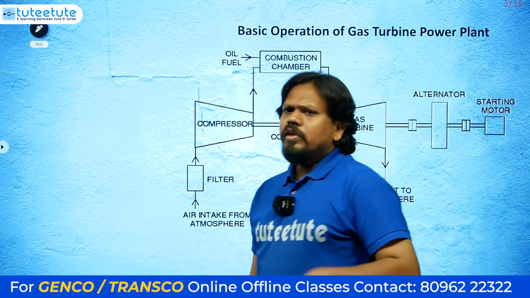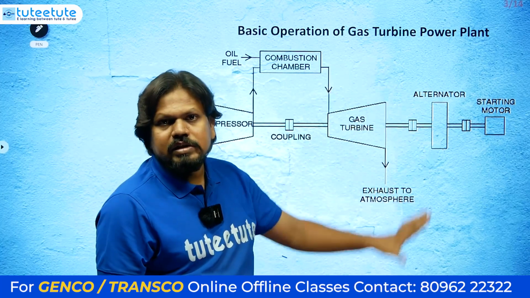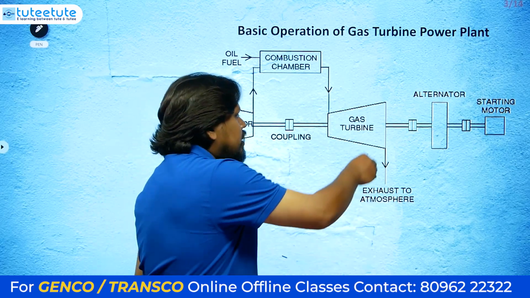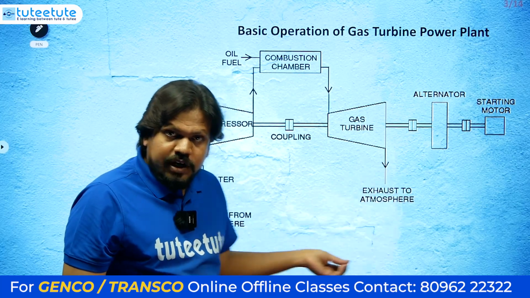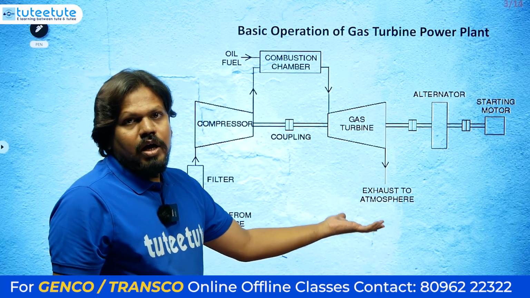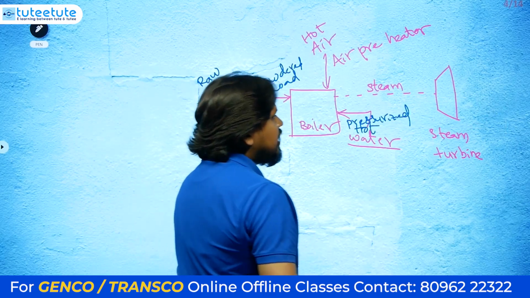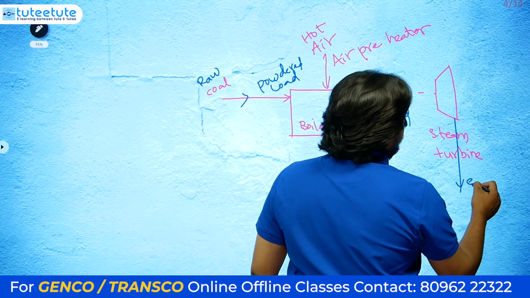Similar process, it is also rotating, then the alternator is there. This is all the same. There will definitely be some feedback: the exhaust may not be released to the atmosphere, we can use that hot air again. Here also, the output of this one is exhaust steam.